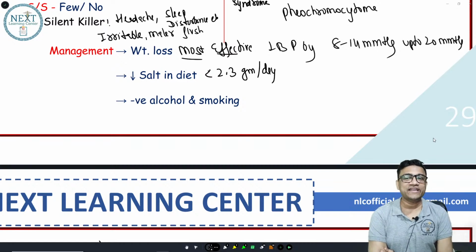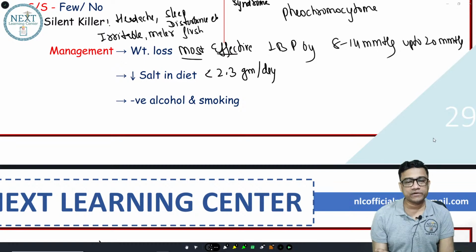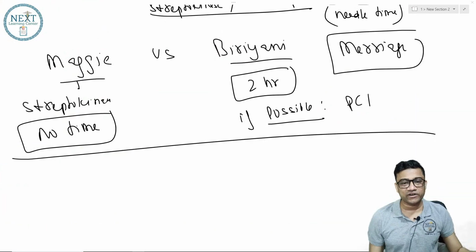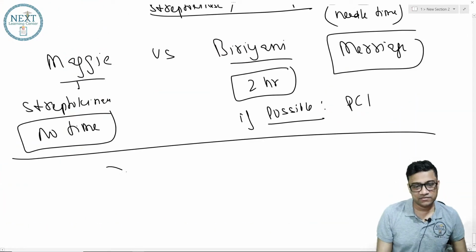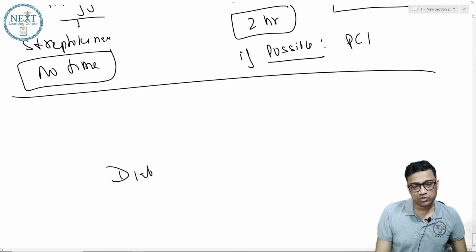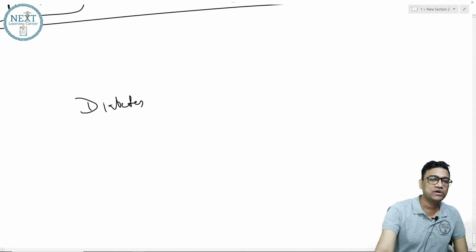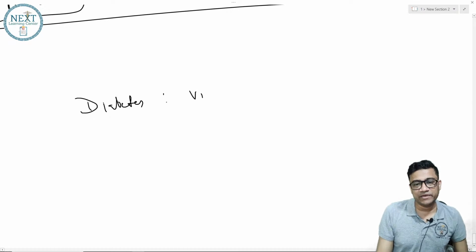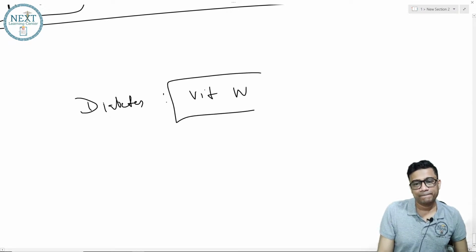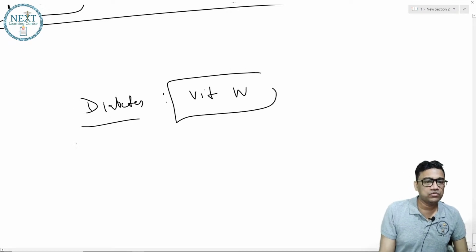So that's why diabetes is mostly caused by deficiency of vitamin W. You know that? So what is the most common cause of diabetes? Diabetes is what deficiency? Diabetes is vitamin W. What is vitamin W?